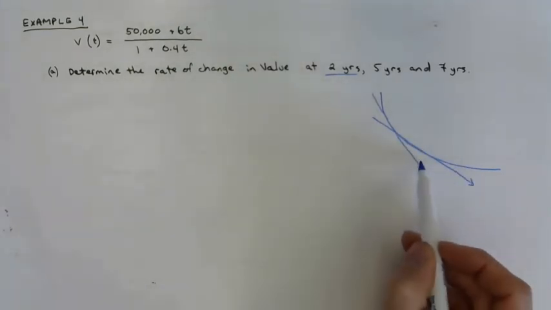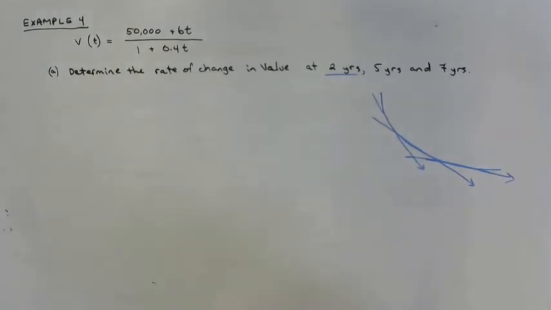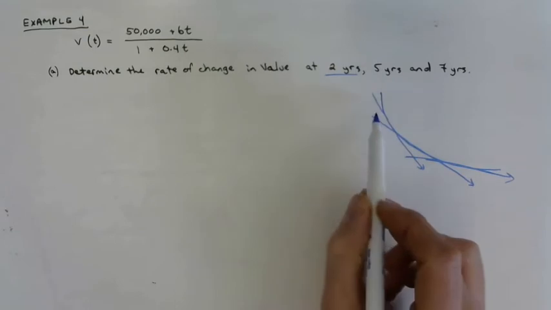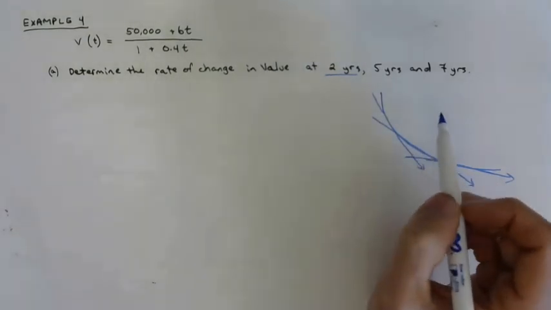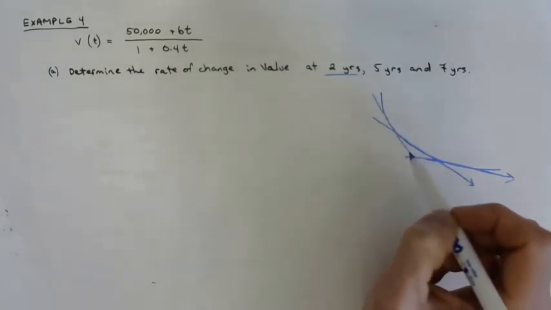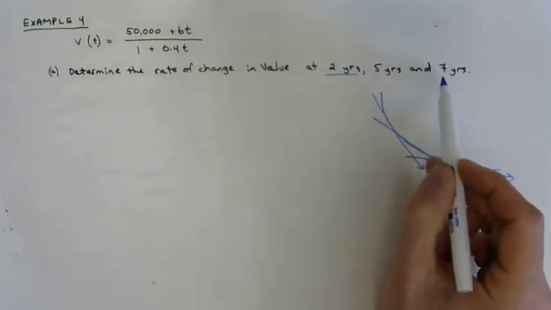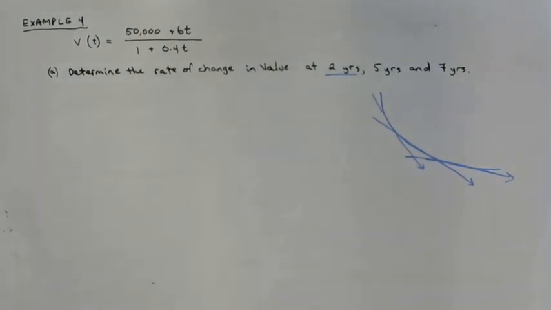And after 7 years, it's going to look something like that. So the slopes should be negative each time, but they should be negative and increasing. What does that mean? Well, between year 1 and year 2, there's going to be a big price difference. Between year 5 and year 6, there's going to be a less price difference. And then the years 7, 8, 9, and 10, there's even less significant price difference. So that's what we're looking at and what we're looking for.